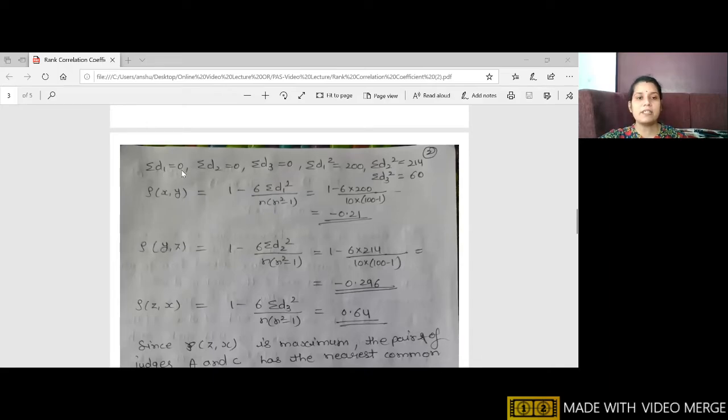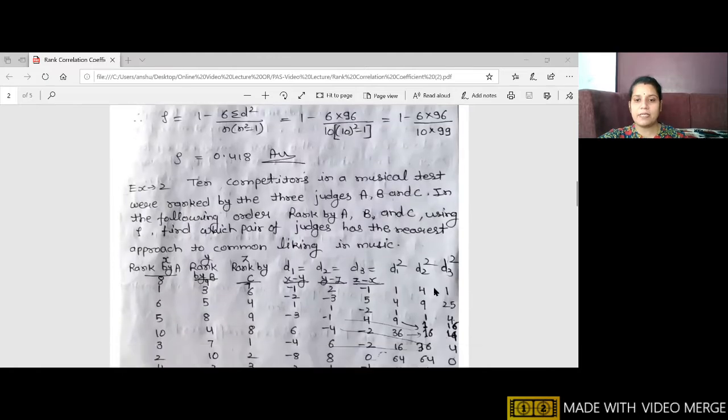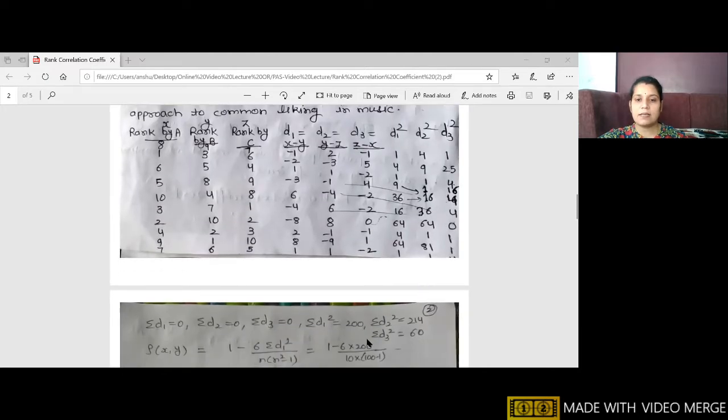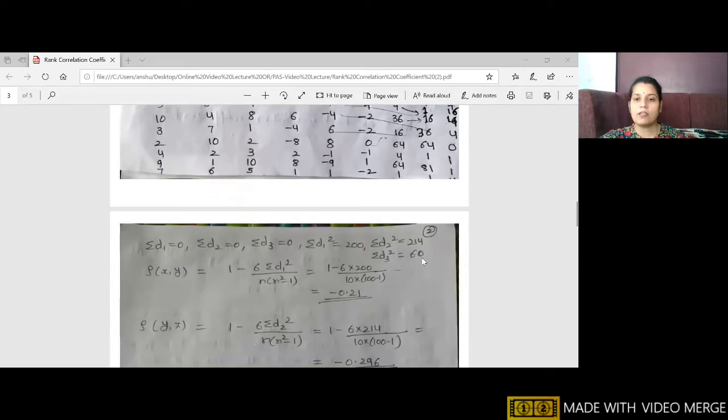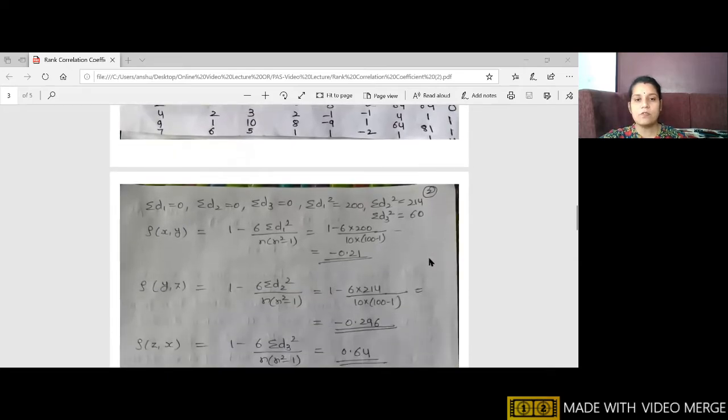Summation D1 is equal to 0, summation D2 is equal to 0, summation D3 is equal to 0. Summation D1 square, this column, is 200. Summation D2 square is 214. And summation D3 square is equal to 60.